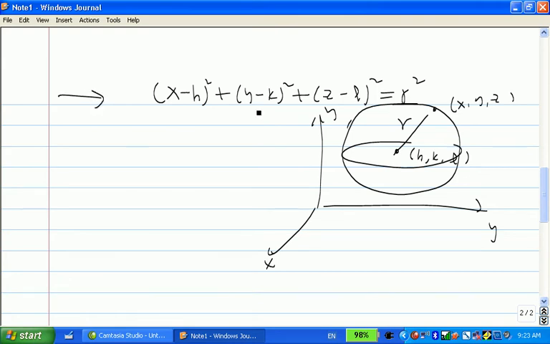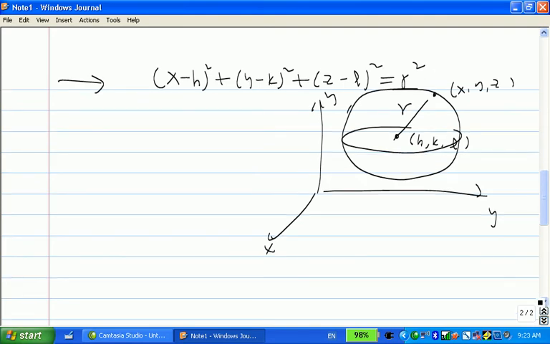All the x, y, z satisfying this equation will be on the surface of the sphere. So this is a sphere with center h, k, l and radius r. If you have a sphere with center at the origin, then this formula reduces to the one like this.